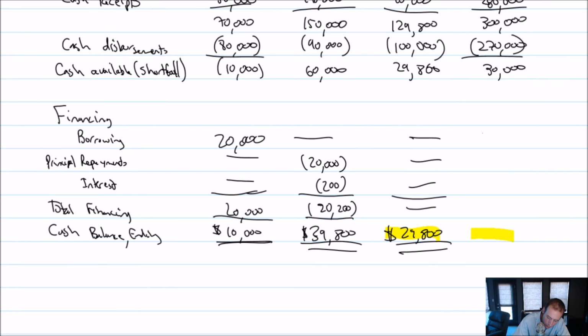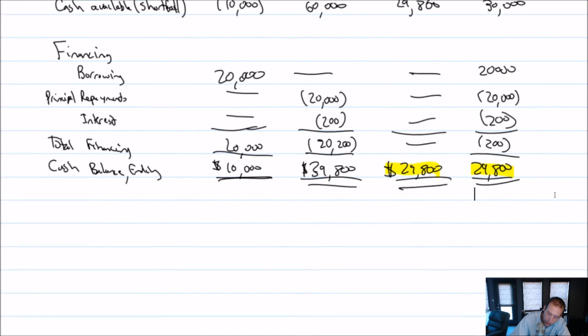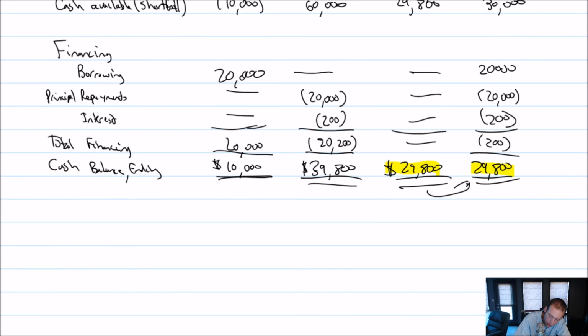Our totals for borrowing, we borrowed 20,000, we repaid 20,000, and we repaid $200. So our overall financing, we basically went up by 20, down by 20, and down by 200. Overall, we're down by 200. 30,000 minus 200 is 29,800, and that's exactly where we expected to be, right? We expected these two numbers to match, and they did.